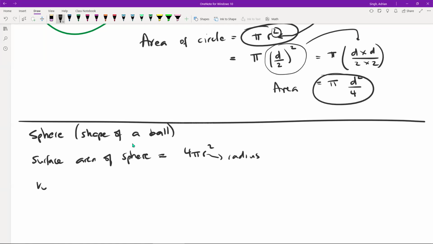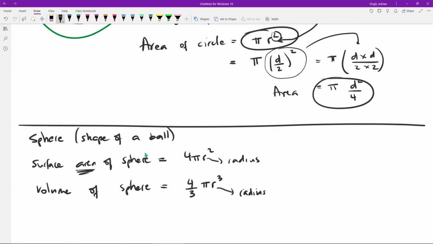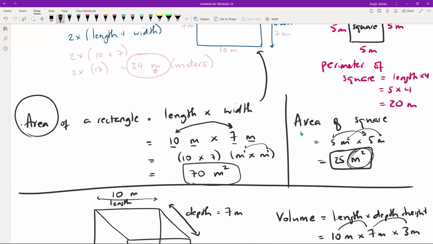We could also determine the volume of that sphere as follows. We have 4/3 pi r, where r is cubed. Again, r is the radius. If you think about the units, and we haven't talked a lot about metric units just yet, if you have a radius, which is a distance, and you square it, you end up with, for example, square meters, which is the same unit we saw when we determined the area of our rectangles and squares.